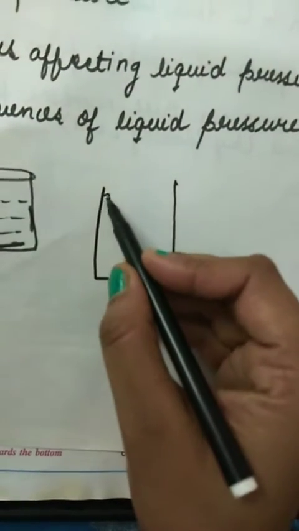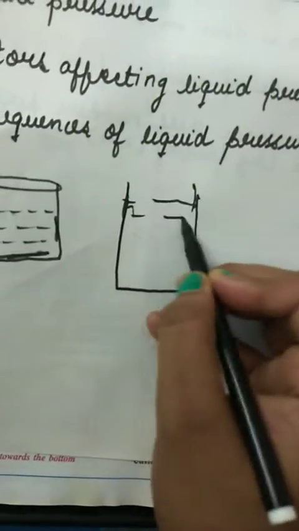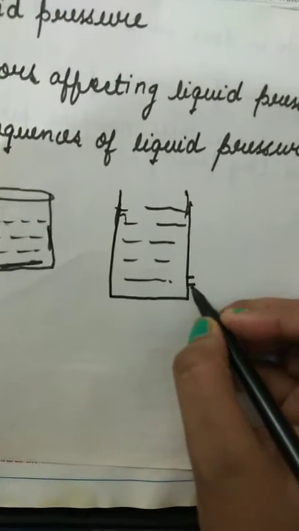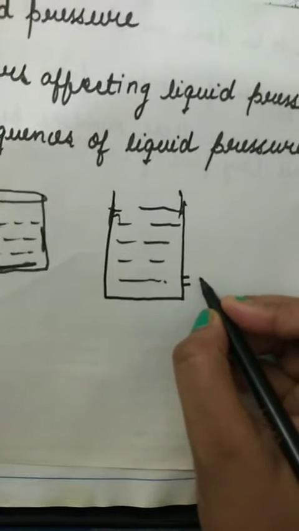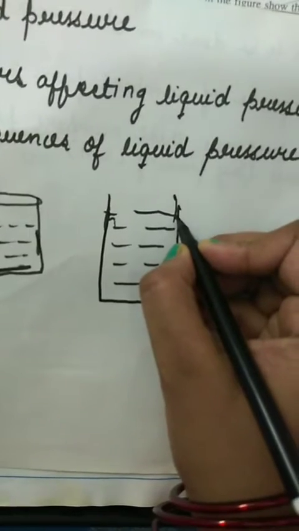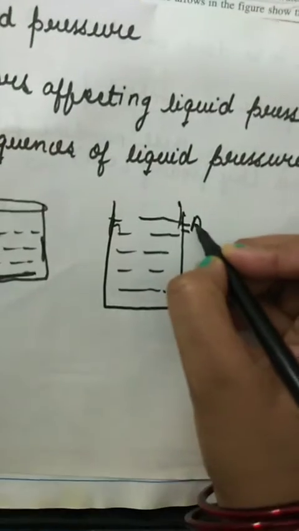First of all, you fill this bottle completely with water, and then make two holes in this tin bottle or plastic bottle, and make another hole on the top of the vessel or the plastic bottle and name this as A.